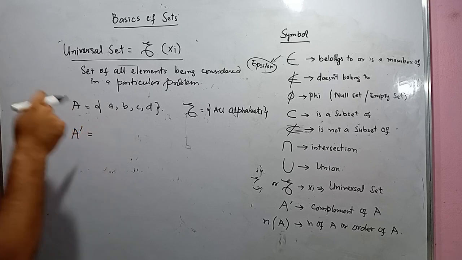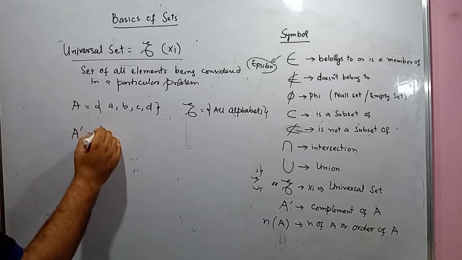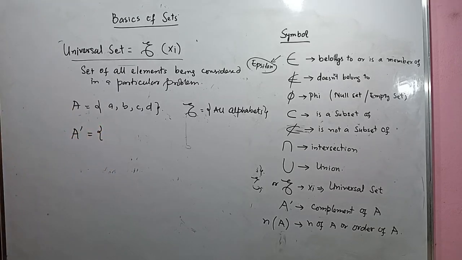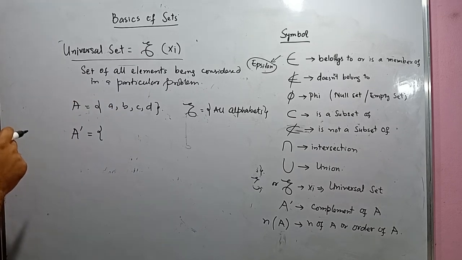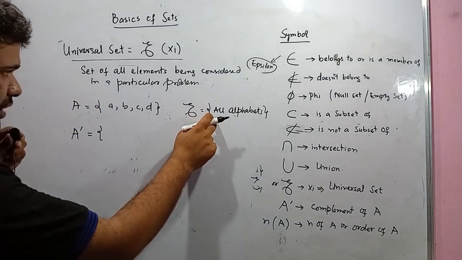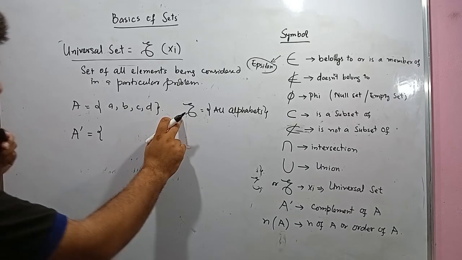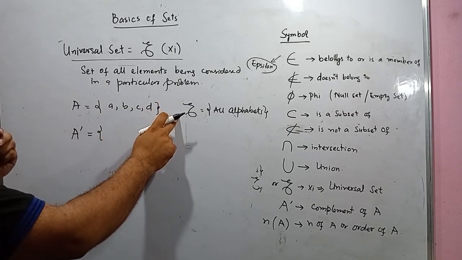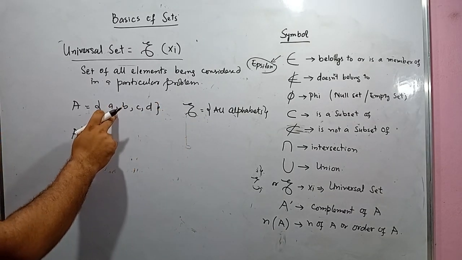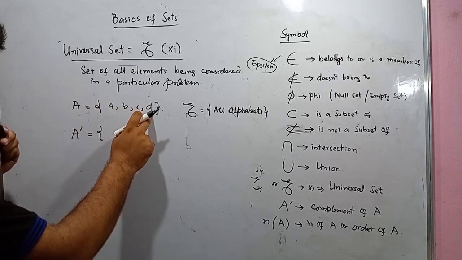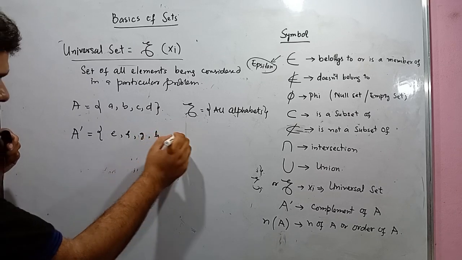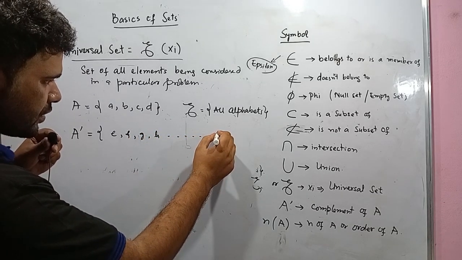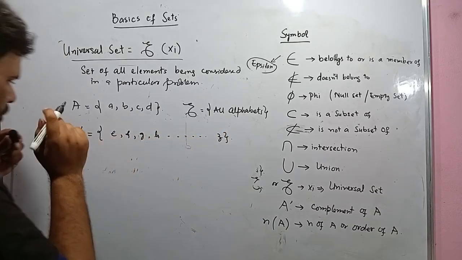A dash, this is the complement of A. It is the set of all members from the universal set which are not in A. You can see the universal set here is all English alphabets. And in the universal set, how many elements are from A? A, B, C, D. What are the remaining? E, F, G, H, etc. till Z. So this is the complement of A.